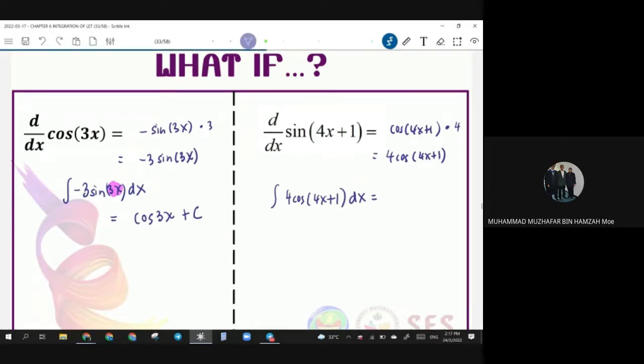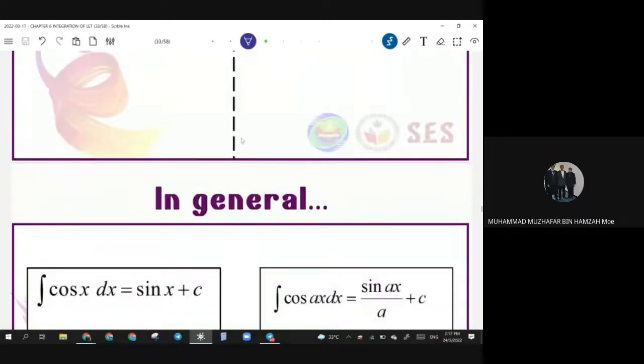We get sine of 4x plus 1, plus c. Again, it's just by using the concept of reverse process. All right, let us proceed to the next part.